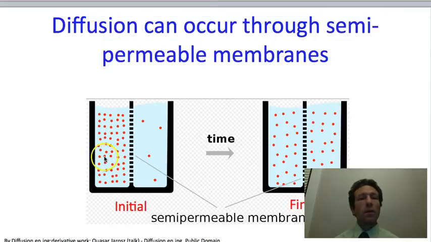In this example, the dissolved substance indicated by the red dots is able to go through the membrane, so this membrane is permeable to it. As a result, we have over time the substance spread out until it is in a similar concentration on both sides of the membrane. This is a simple example of diffusion.